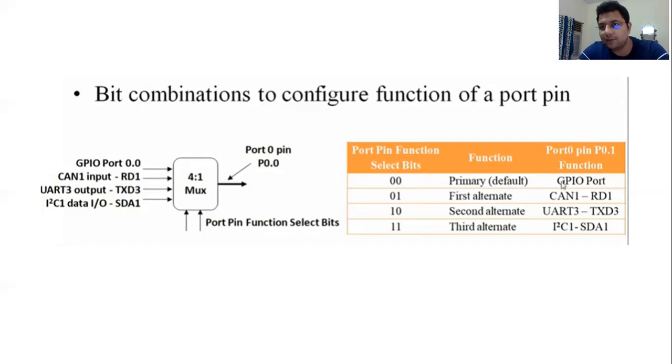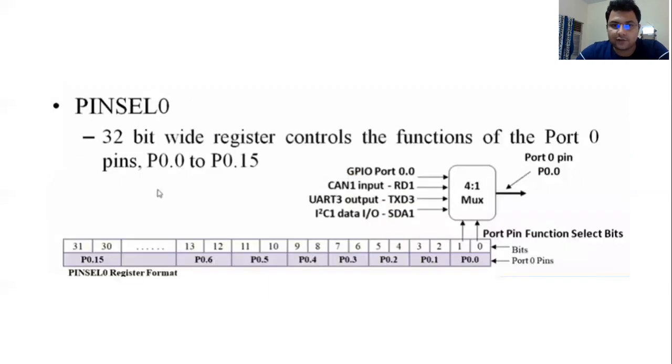So in a particular pin select register, your multiplexer will take these 2 inputs. Now we'll see which pin select register those 2-bit positions come from. In total, how many pin select registers do we require?